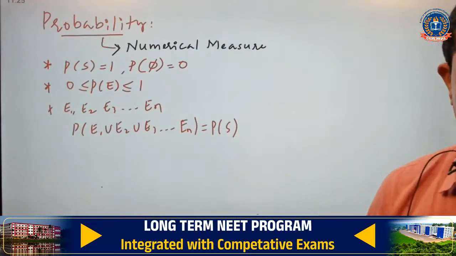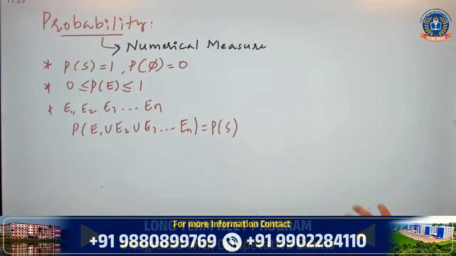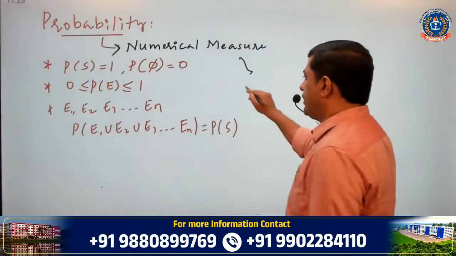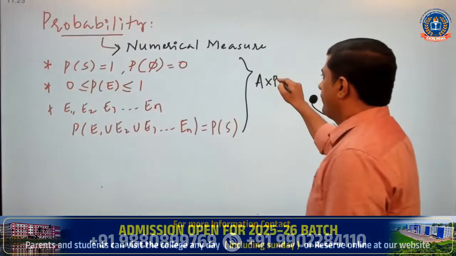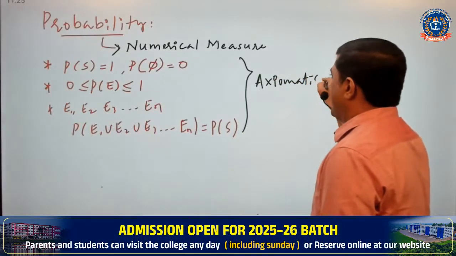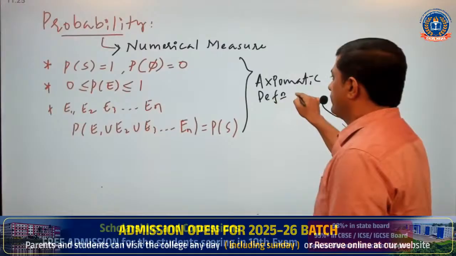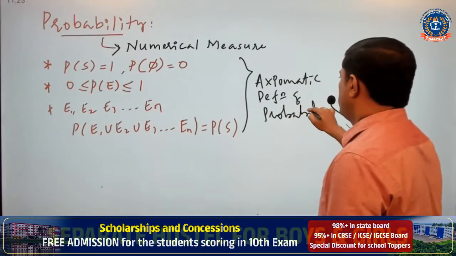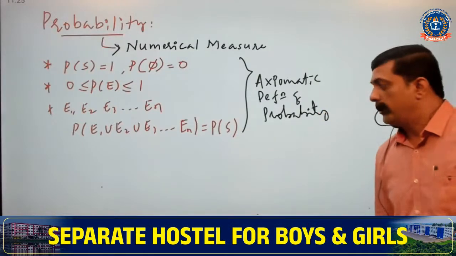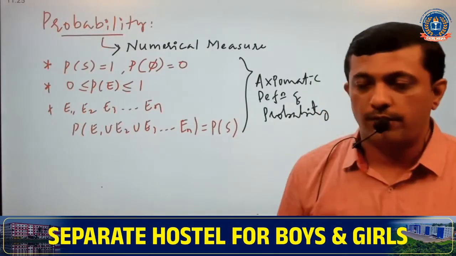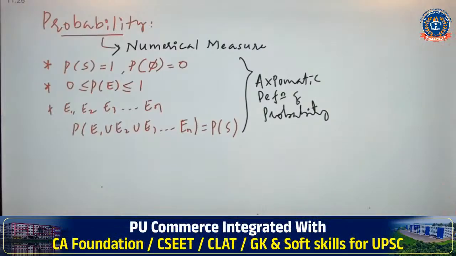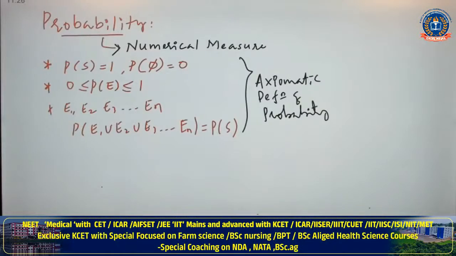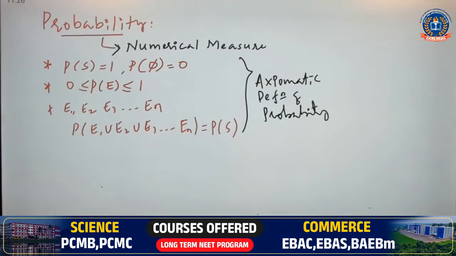So that is the three things, and this is what we call the axiomatic definition of probability. Sure event and impossible event, you are going to learn deeply in the first year. So I'm just highlighting some points, because it is required.